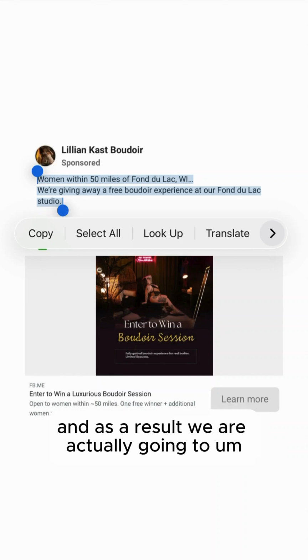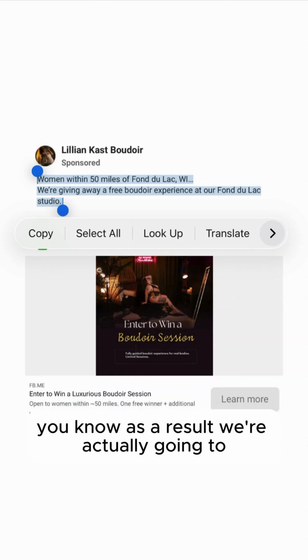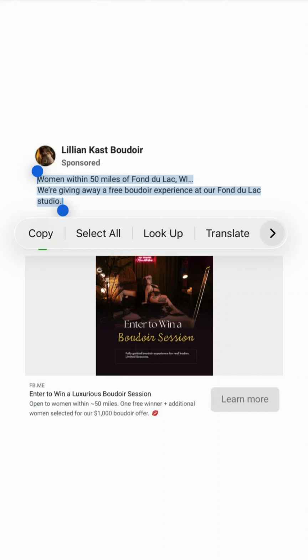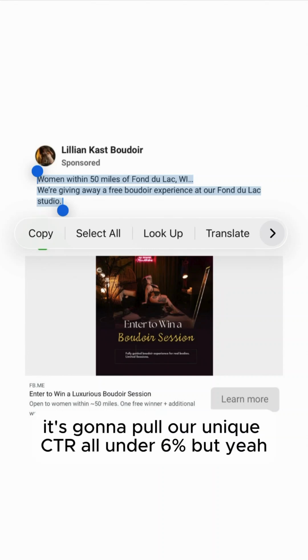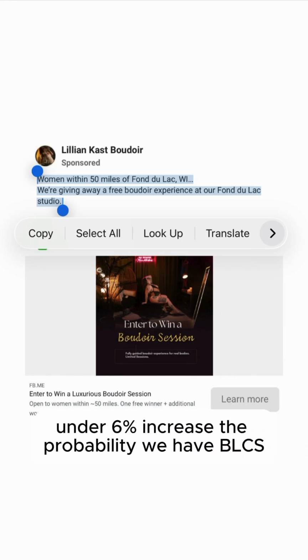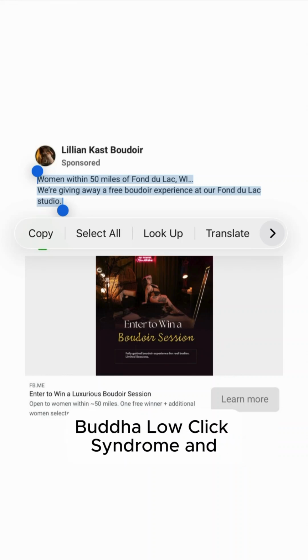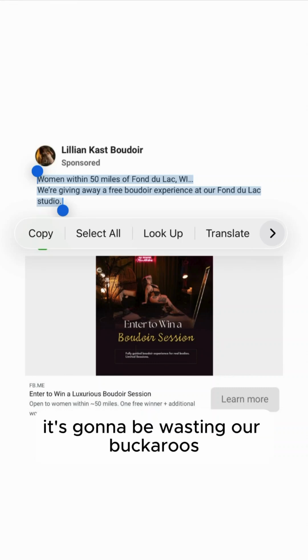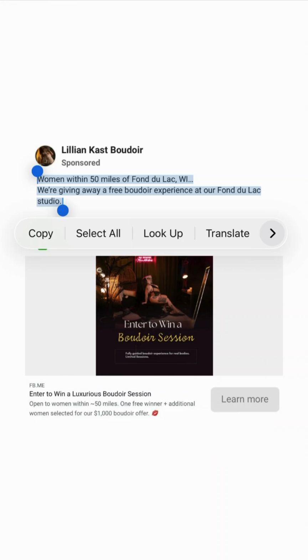And as a result, we're going to pull our unique CTR under 6%, increase the probability we have BLCS, boudoir low click syndrome, and it's going to be wasting our buckaroos.